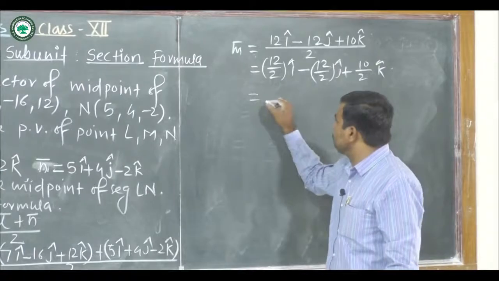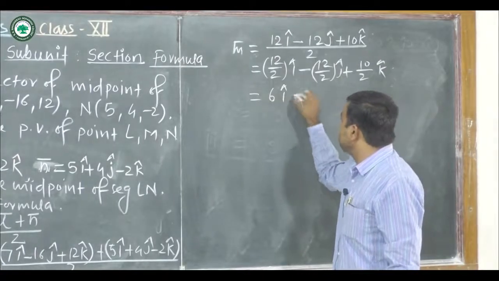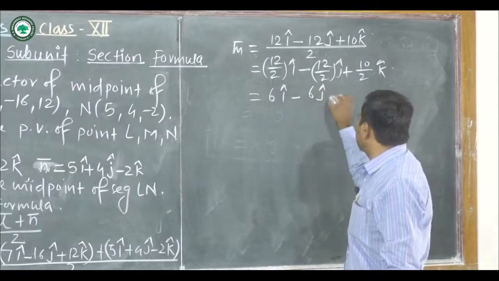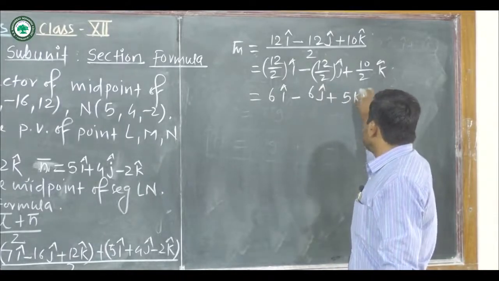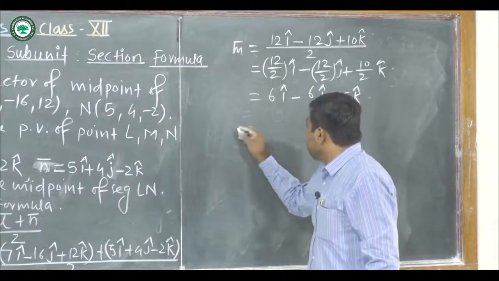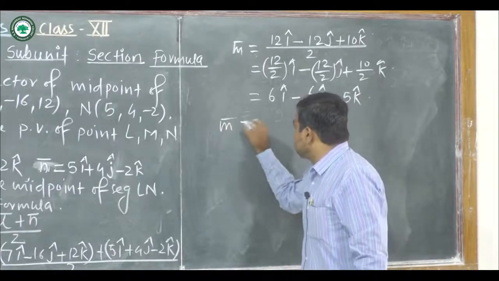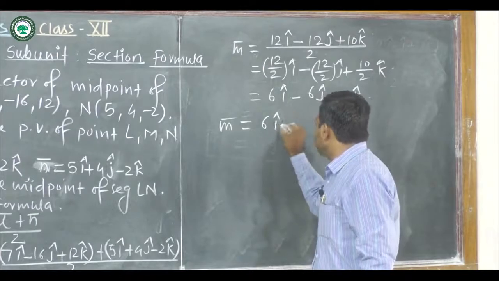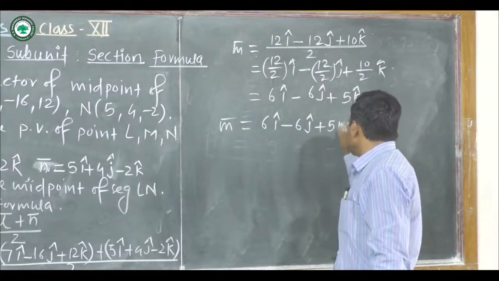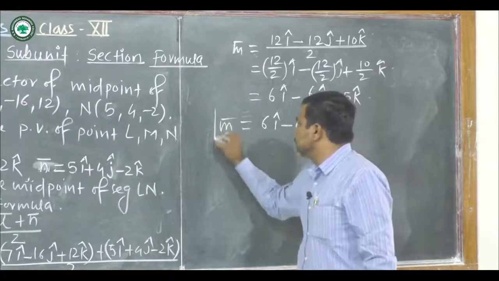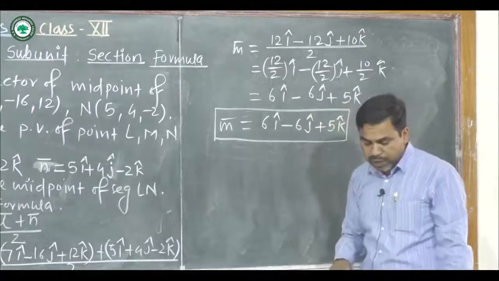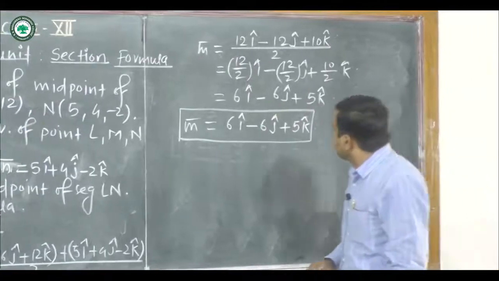It is equal to 6i cap minus 6j cap plus 5k cap. So this is m bar. Therefore m bar is equal to 6i cap minus 6j cap plus 5k cap. So this is the position vector of the midpoint M.